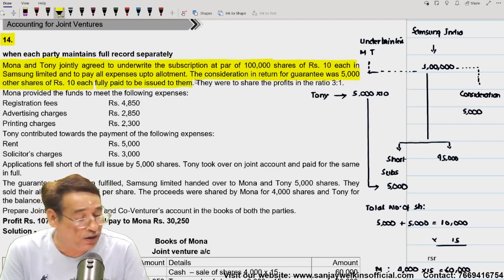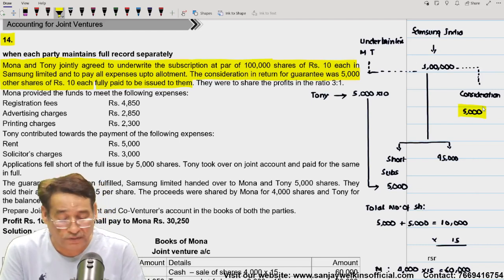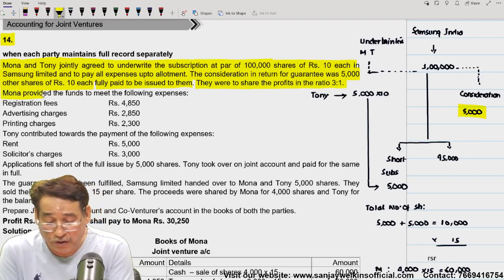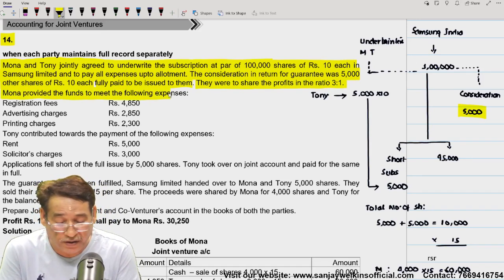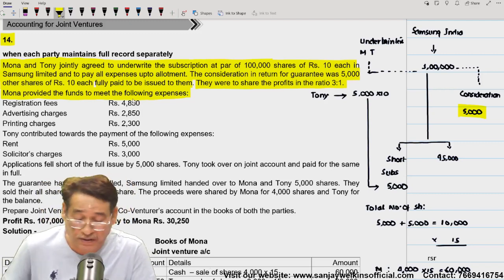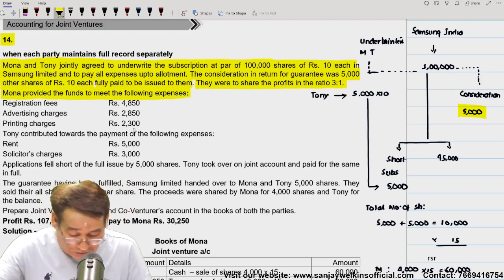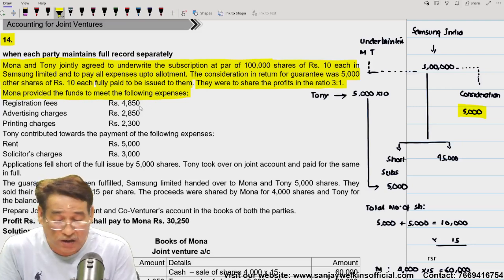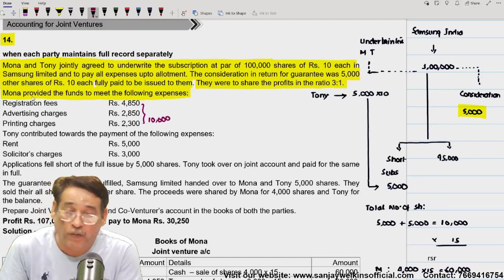Correct? So their consideration will be 5,000 shares. Now further it is given that they are going to share profits in the ratio of 3:1. Further, the question states that Mona provided the funds to meet the following expenses. If I add all these expenses, 4,850, registration fee, advertising 2,850, 2,300, the total of these expenses is equal to 10,000, and these expenses have been borne by Mona.